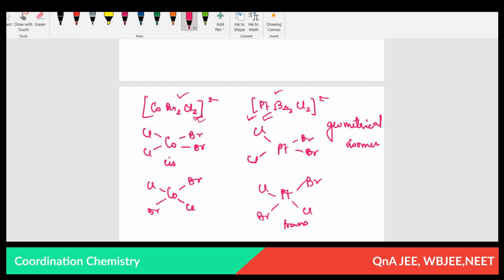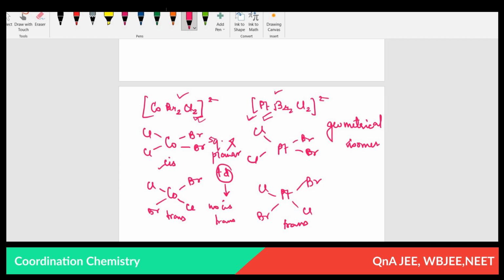So that is why it will tend to show a square planar kind of structure, and this will show a tetrahedral kind of structure and not a square planar one which I have shown. This will not show a square planar structure. Hence, if it is a tetrahedral structure, then it will not show cis-trans isomerism. No cis-trans. So in this case, we have to rule out the option. Okay, that won't be a correct option.